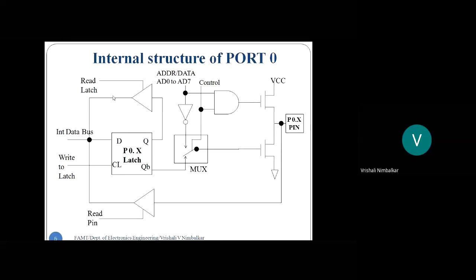That's the control signal. Read latch is another control signal. Write latch is another control signal. Read pin is another control signal. So all these control signals are generated internally by the microcontroller, depending on what instruction it is executing. Hope you are getting me, students. So that's the circuitry which decides the functionality of the pins.